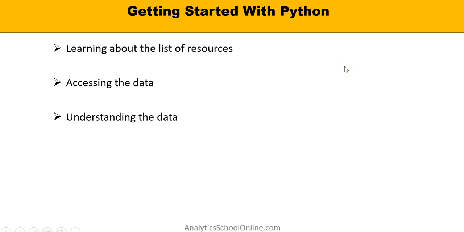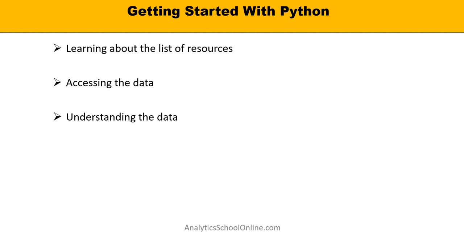Hello and welcome to this lesson where we will discuss the basic steps in Python using which we can access the data, and then we can explore the data a little bit to understand what the different columns and rows in the data are, what type of data it is, and what we are going to do with this.